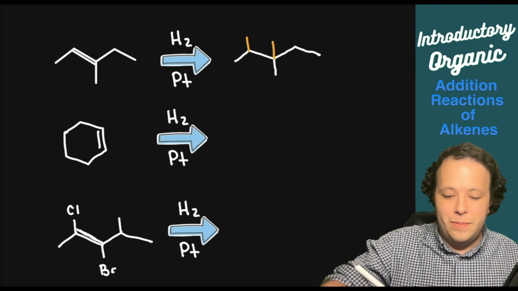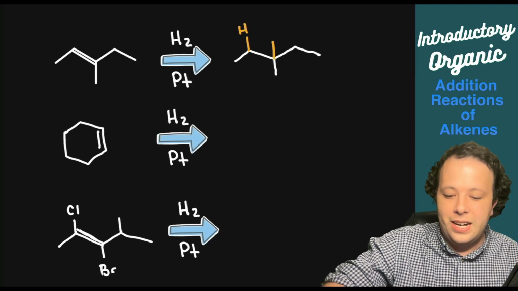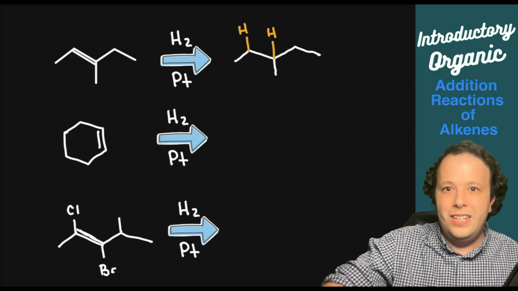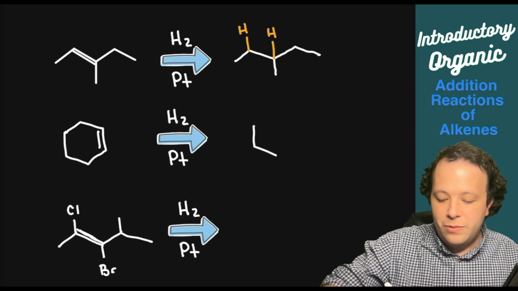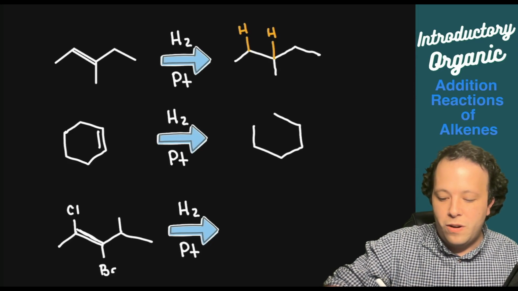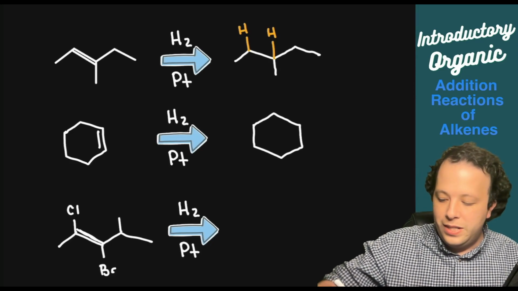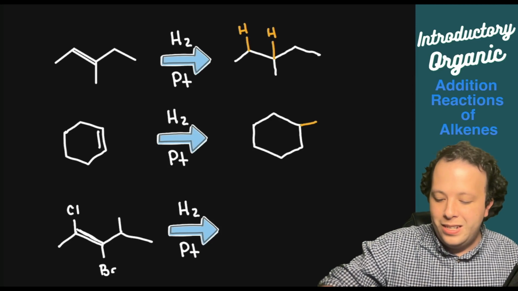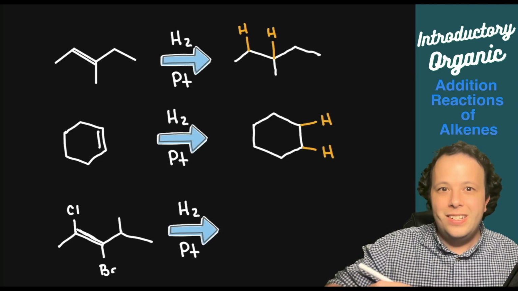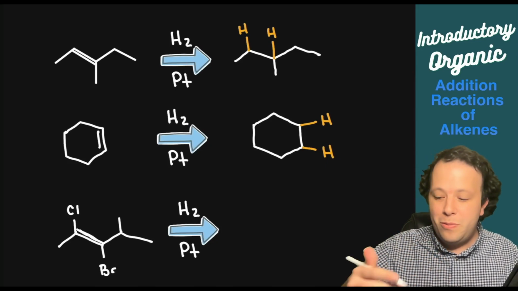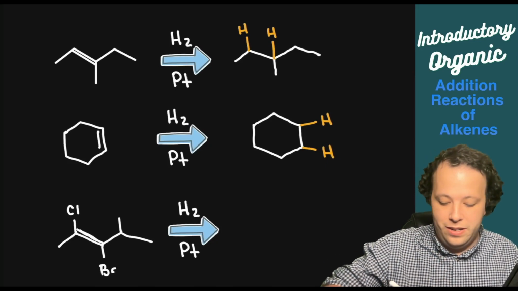So we open it up there, and we're going to be adding a hydrogen onto each individual part. Same thing with the next chain. With this ring structure, we're going to draw our ring. We're going to open up the double bond, and we'll add a hydrogen to each part. So we can see that we're going from two products down to one.